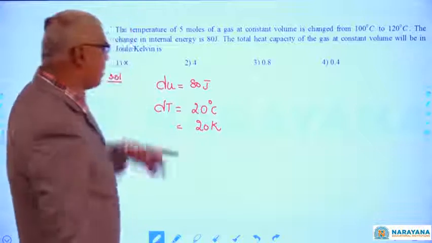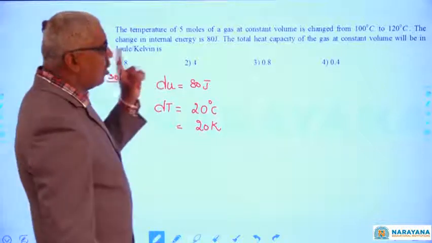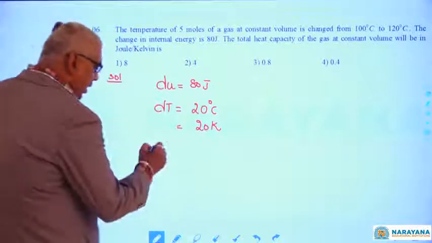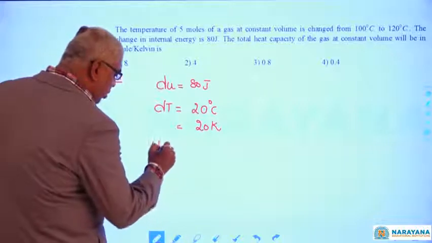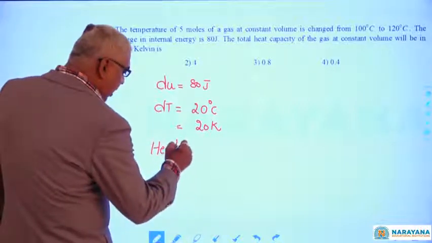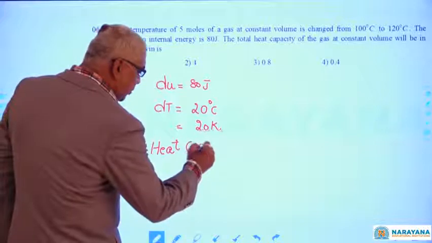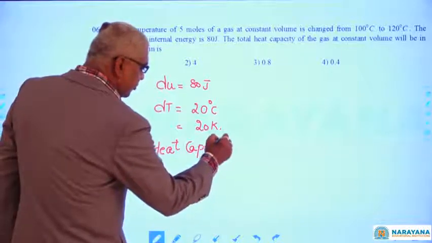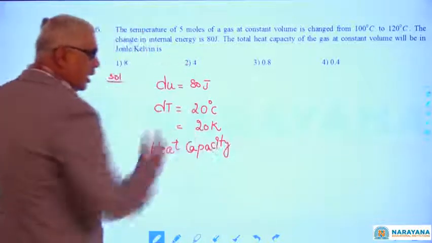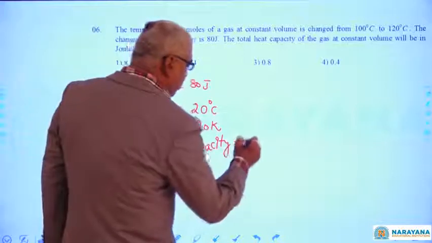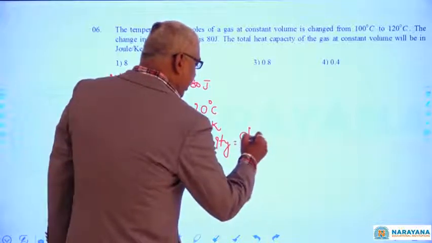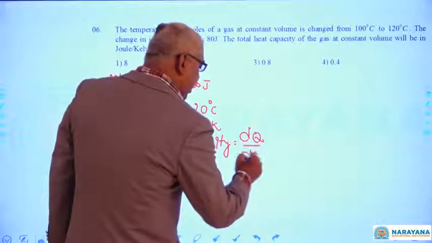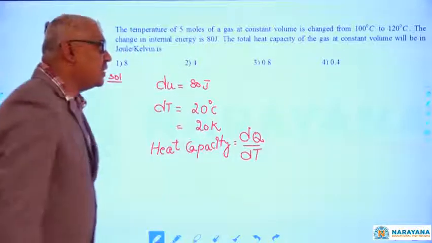Next, what do we want? Heat capacity. Heat capacity equals dQ by dT.